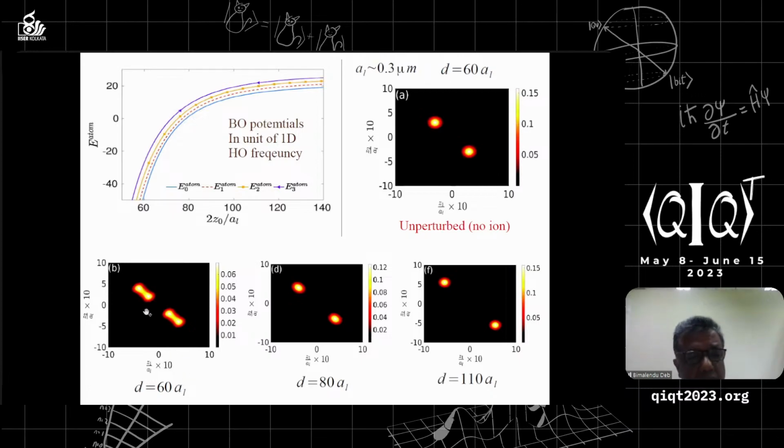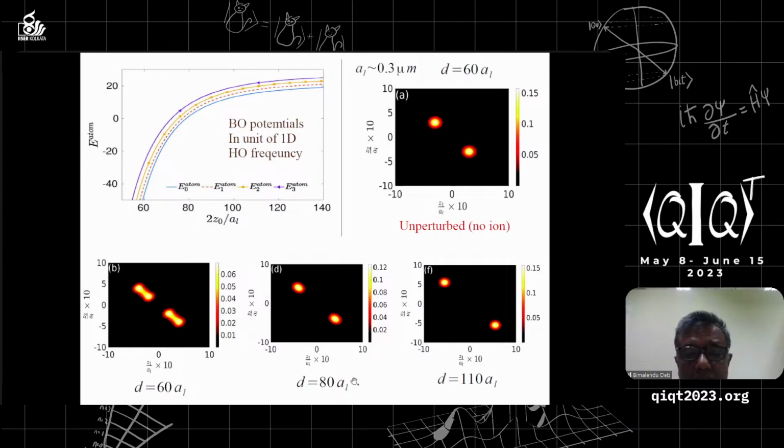the probability distribution is modified. Here also the distance between the two atoms is 60 times AL, but if you compare these two, it is clearly visible how the ion affects the wave functions of the two atoms. Then if we increase the distance between the two traps from 60 to 80 AL, this modification is not as strong as in this case.